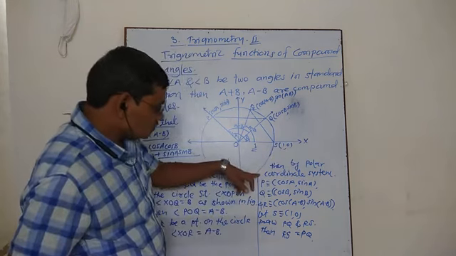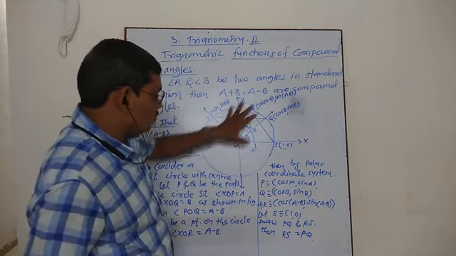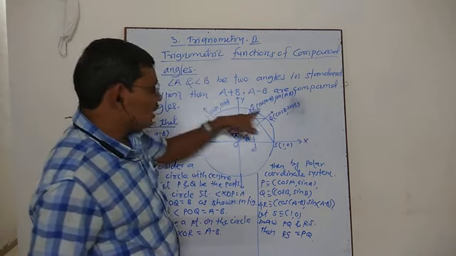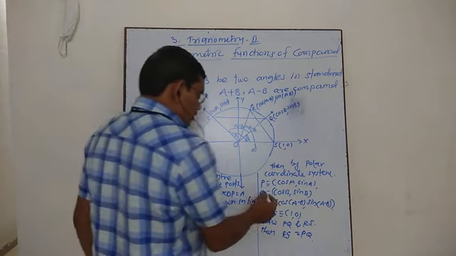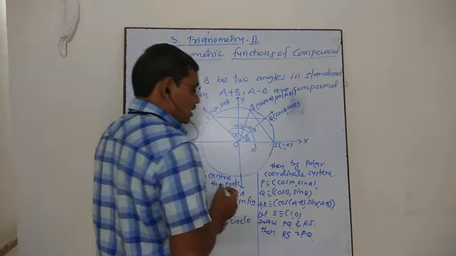Then by polar coordinate system we find the coordinates of P, Q, R. The coordinates of P are cos A, sin A. How?